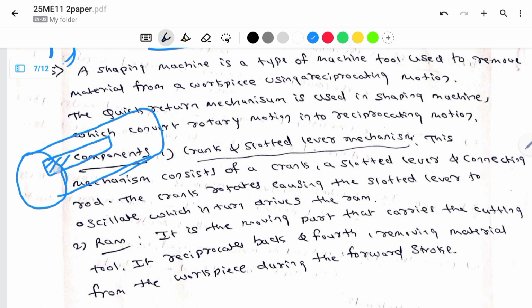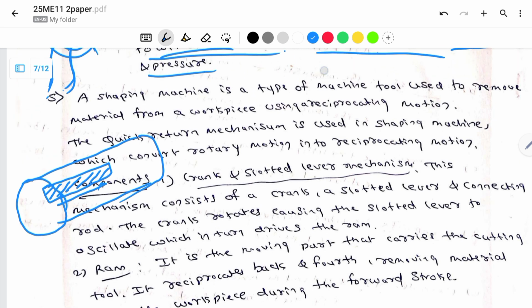To have that lock, you have to prepare the keyway. It has a certain length. To machine this, we need to use a slotter machine or a shaper machine.